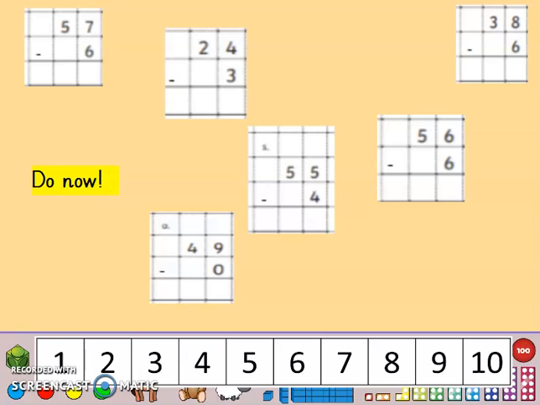When I've been speaking to some of you guys on the phone, you've been saying that these sums are really tricky. So I think it's important for us to keep practicing.